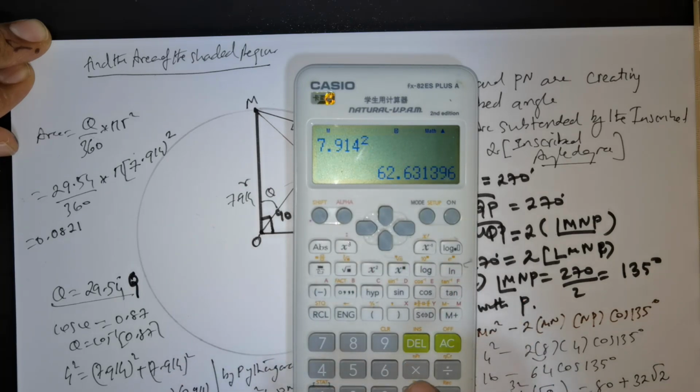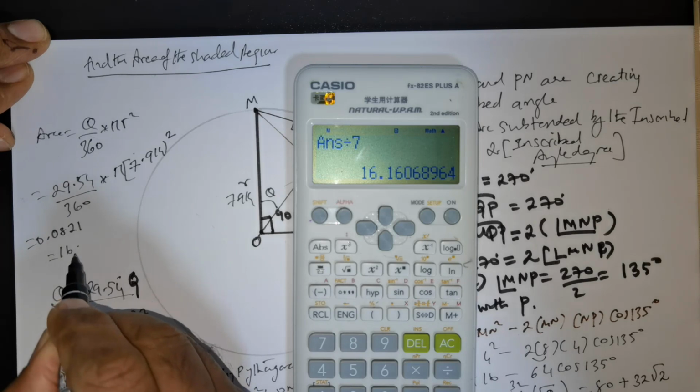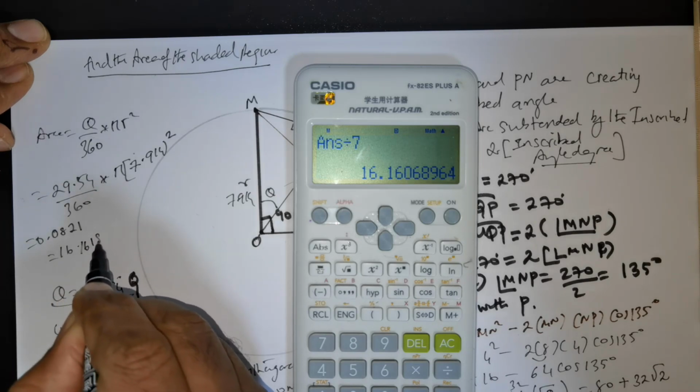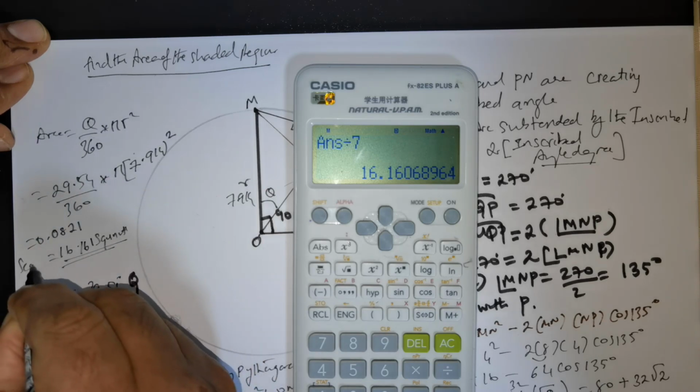That is multiplied with 0.0821, right, and multiply by 22 over 7, divided by 7. That is giving me a value. This is the area of the sector, 16.161 square units. So this is sector area.